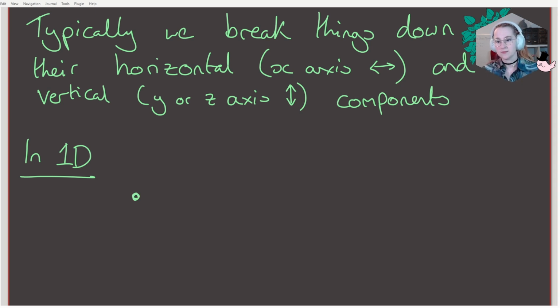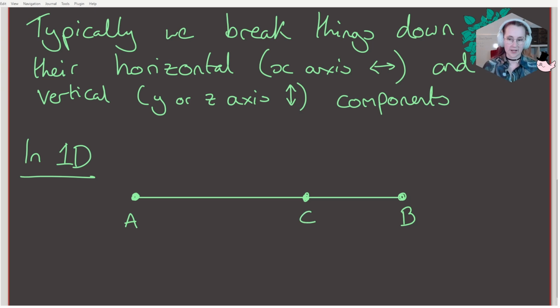So if we have a point A, and we have point B, and then somewhere between them we have a point C. I say I walk from A to B and then back to C. So that's my total travel time. And let's say the distance between A and C is 50 meters, and the distance between C and B is 25.